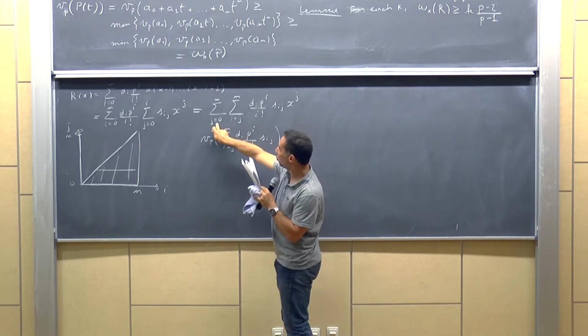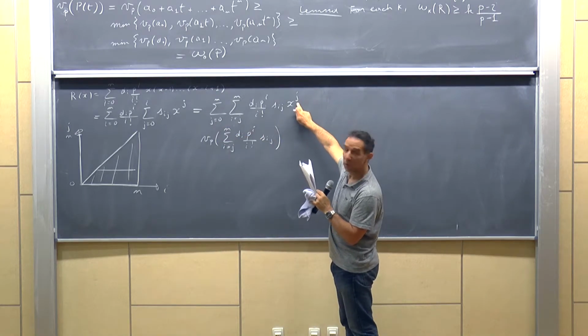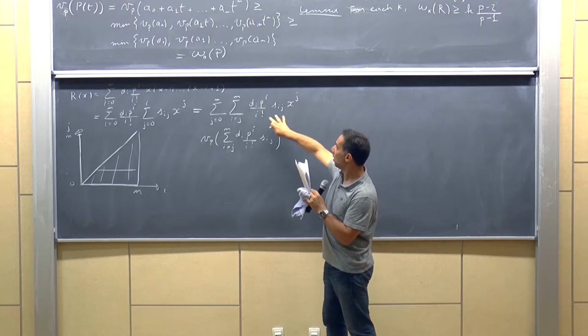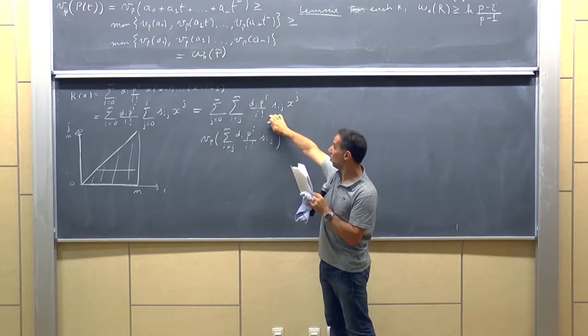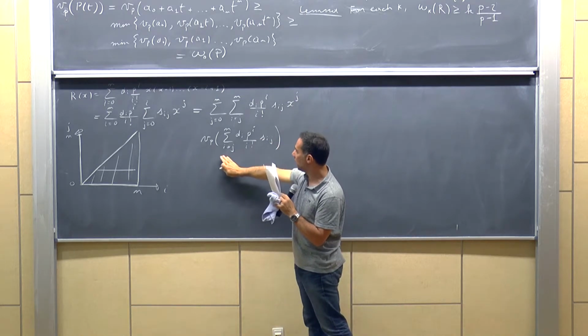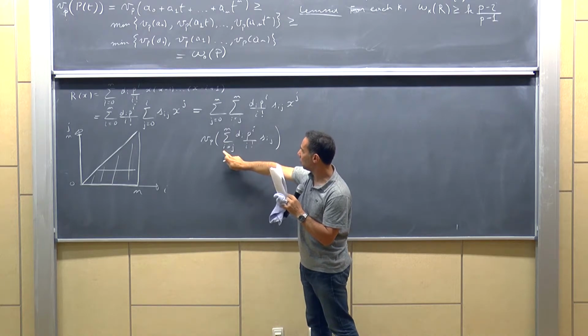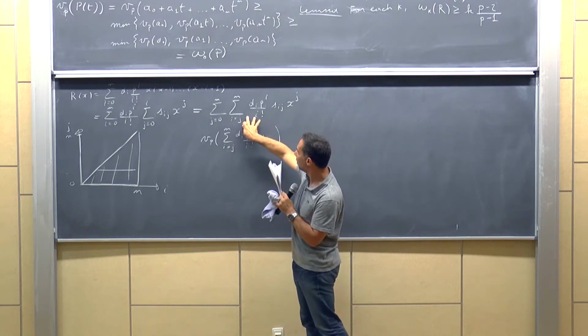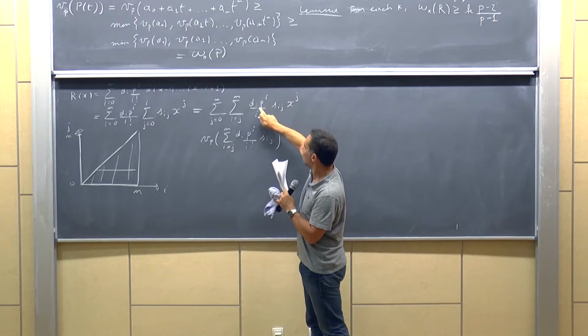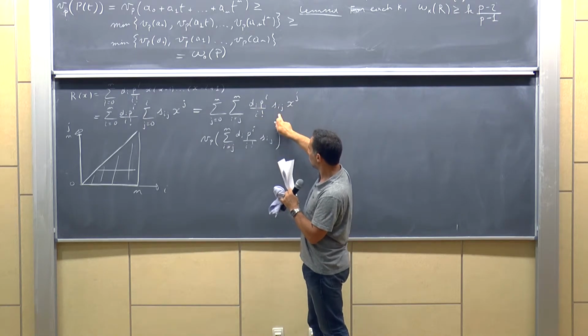For each j, I fix j, and I want to compute the valuation of the corresponding coefficients. So I'm looking at the p-adic valuation of the sum from i equals j to n of d_i p to the i over i factorial times S_ij.